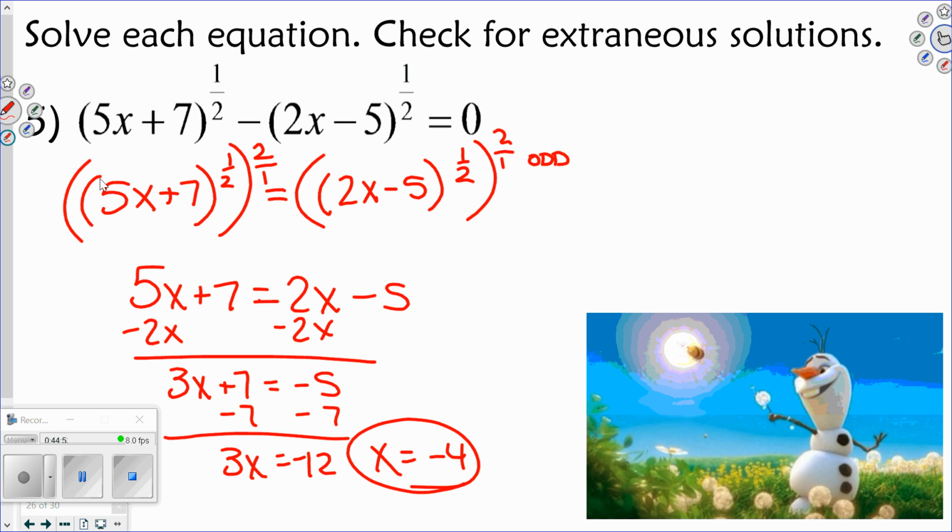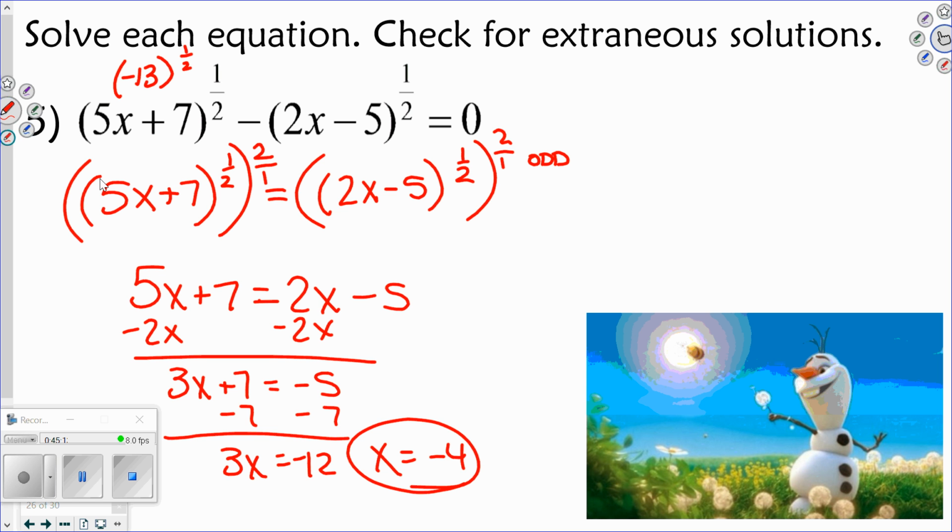See what happened. 5 times negative 4 is negative 20 plus 7. That'd be negative 13 to the 1/2. So your calculator is smart, but is not overly smart, right?